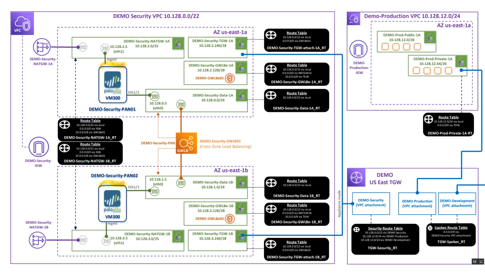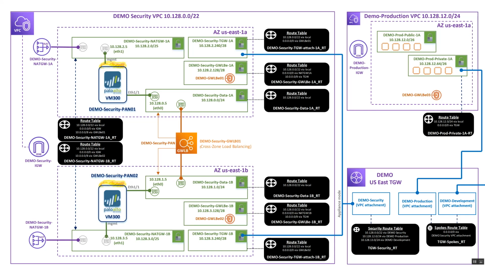So in order to provide the inbound communication, I'm going to need, in this case, a demo production internet gateway, which will be bound to the VPC. And I want to be able to redirect traffic to this gateway load balancer. So in order to do that, I'm going to have to spin up another gateway load balancer endpoint.